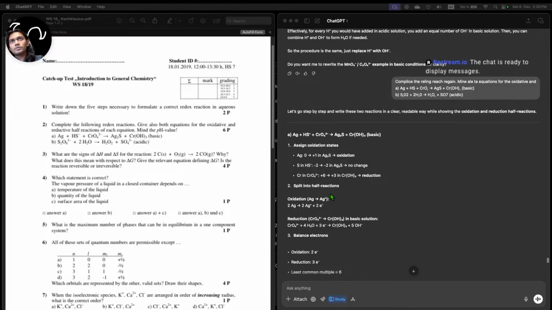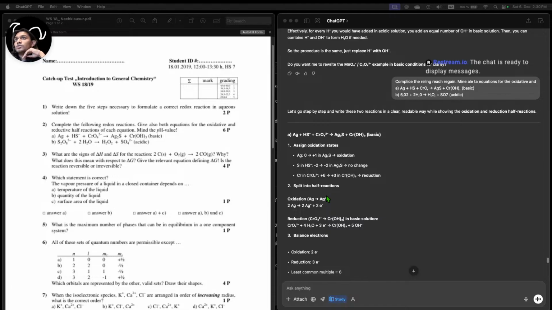So it went from +6 to +3. Gained 3 electrons. Reduction. Okay, okay.